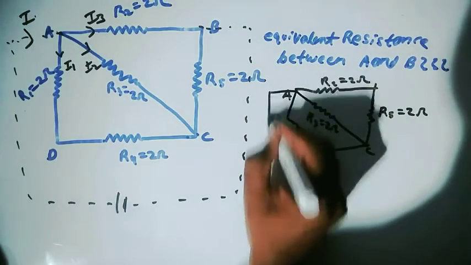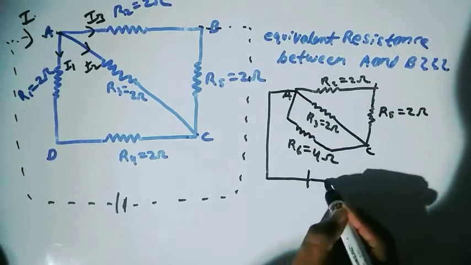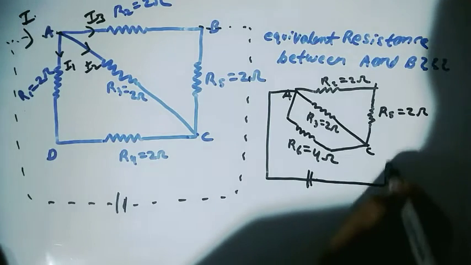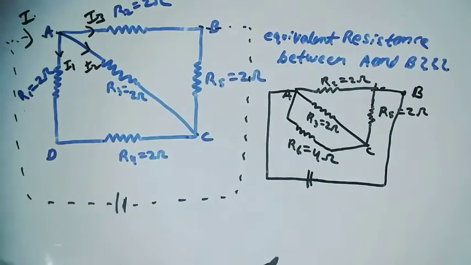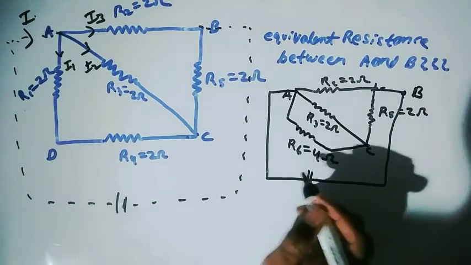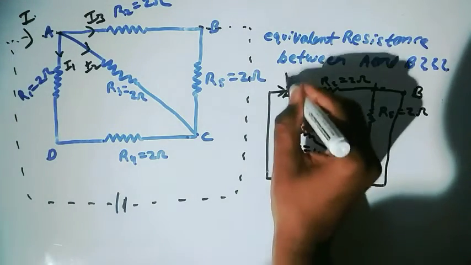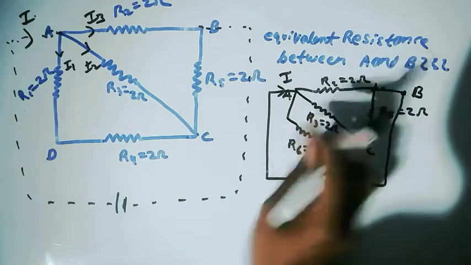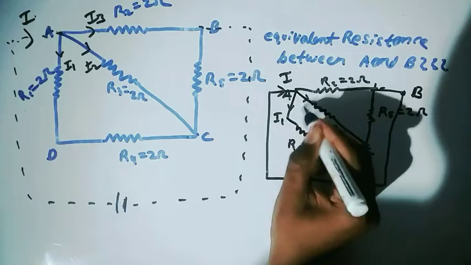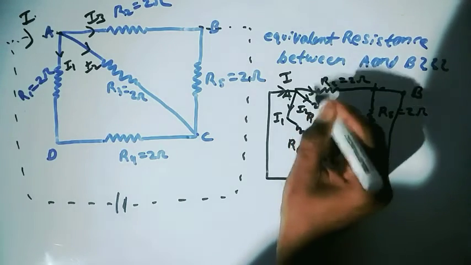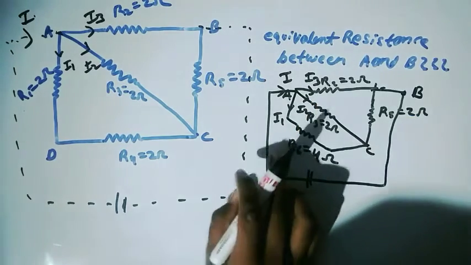Now let's connect this to a battery or a cell. Here is our point B. Now notice I current was flowing. I1 goes here, I2 here, and I3 here.